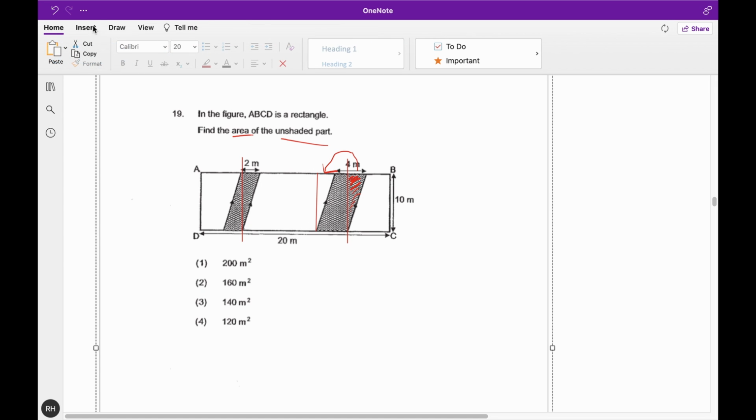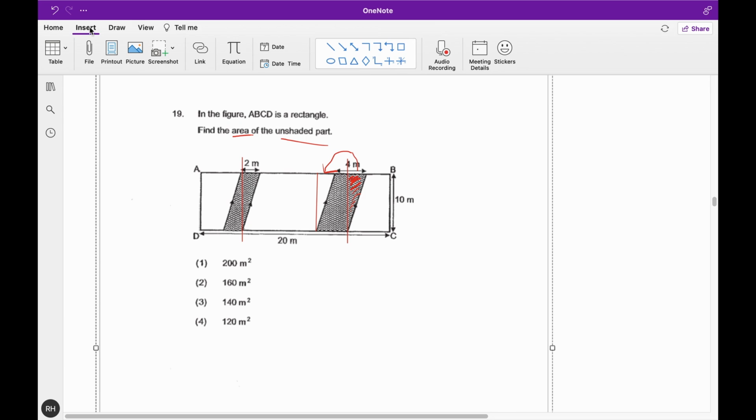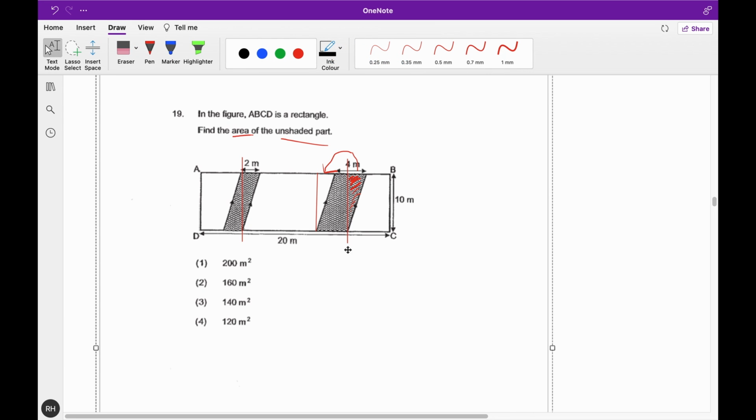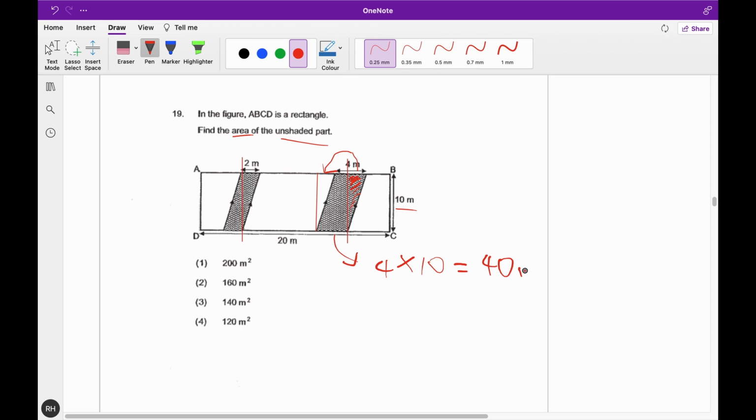Okay, so we can see that this shaded area would be just 4 times the height. 4 meter times 10. So this is 40 square meter. Okay, same goes for this. This would just simply be 2 times 10, which is 20 square meter.